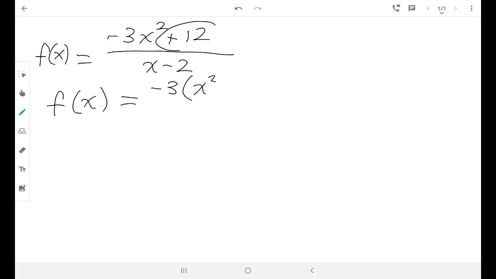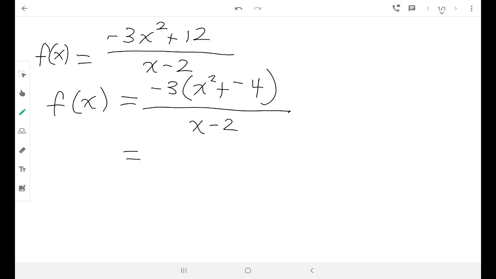If I factor it out of this positive 12, then I'll do 12 divided by negative 3, which will give me a negative 4, over this x minus 2. There's nothing that I can really do with that. I maybe could call it x plus negative 2, but you're going to see that that isn't a necessary step here.